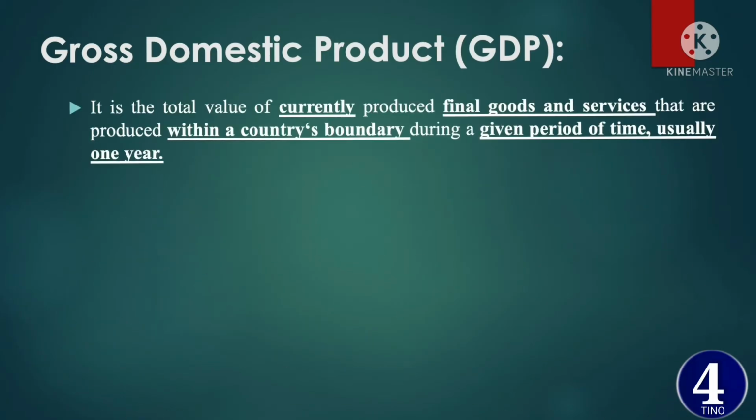So GDP is a total value, in a sense. We count the outputs and we change them into monetary value.